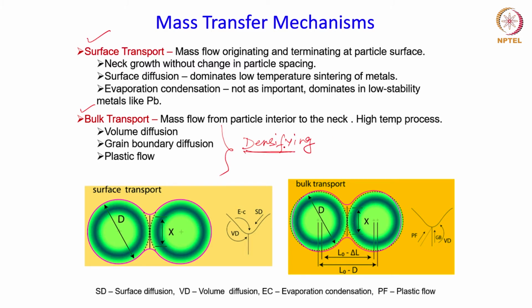On the other hand, surface diffusion and evaporation condensation do not lead to shrinkage, so these can be categorized as non-densifying. But this does not mean that these non-densifying mechanisms can be ignored, because they also lead to neck growth and therefore reduce the curvature of the neck, and hence will affect the densification rate.